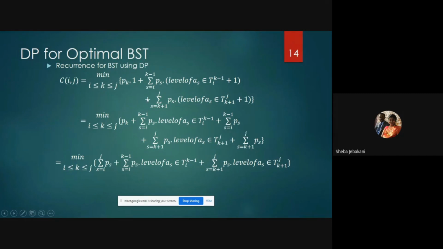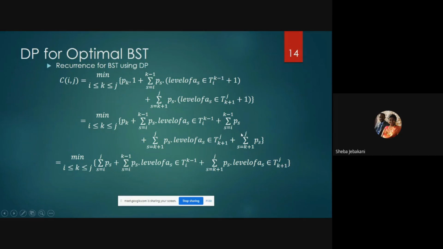Now if I add all these, I have sigma s equal to I to k minus 1, and k plus 1 to j. If I join these two, I can tell s equal to I to j. But then you can tell k is missing, and that k we have over here as pk.